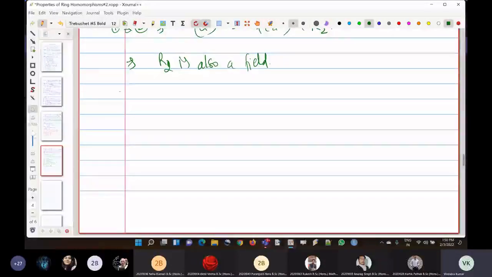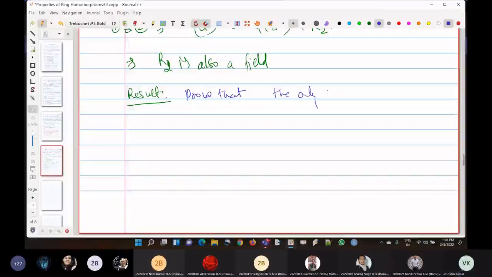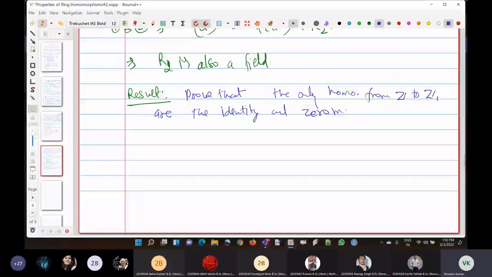There is another interesting result. In fact, this will be in your exercise problem also. Prove that the only homomorphisms from Z to Z, that is, set of integers to set of integers, are the identity and zero mappings.